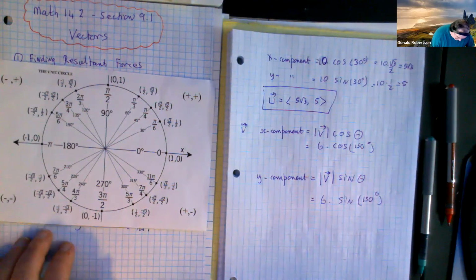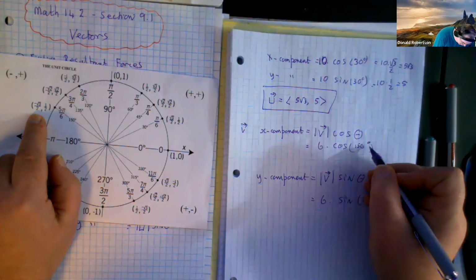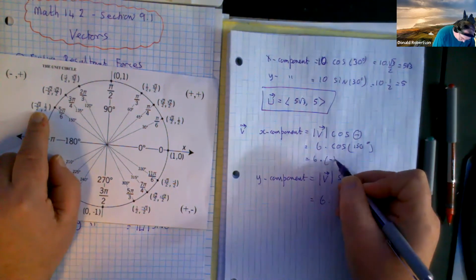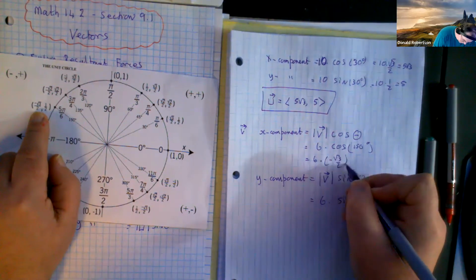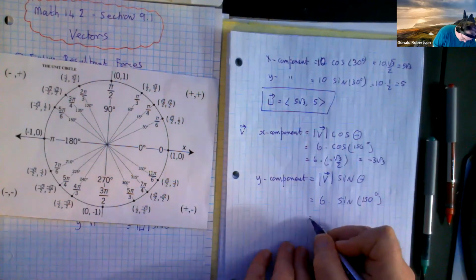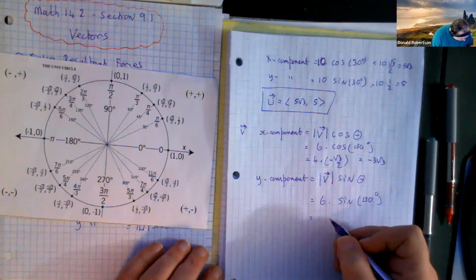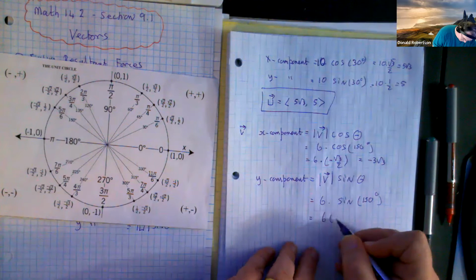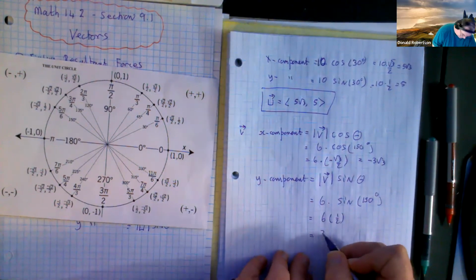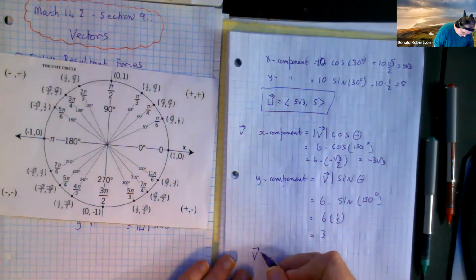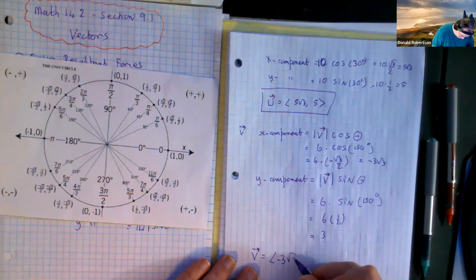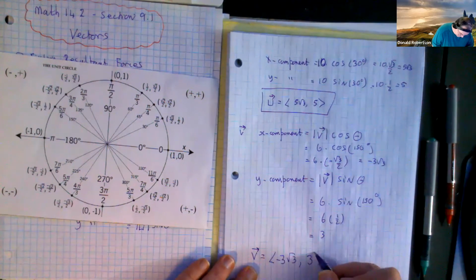So I go over here, I find 150. The cosine is the x coordinate, and that becomes -3√3. And the y component in this case is a half again. So the vector V is going to be (-3√3, 3).